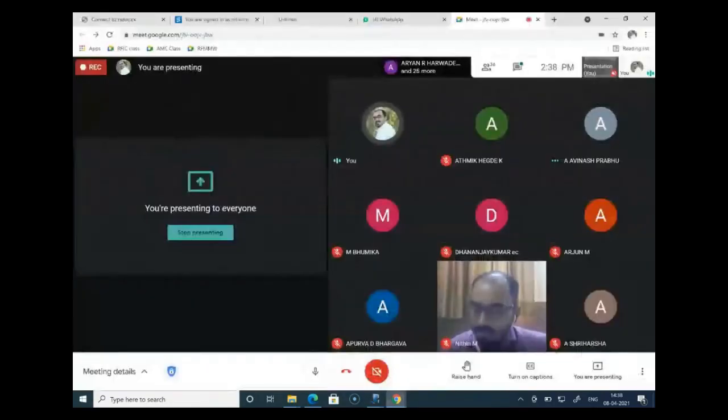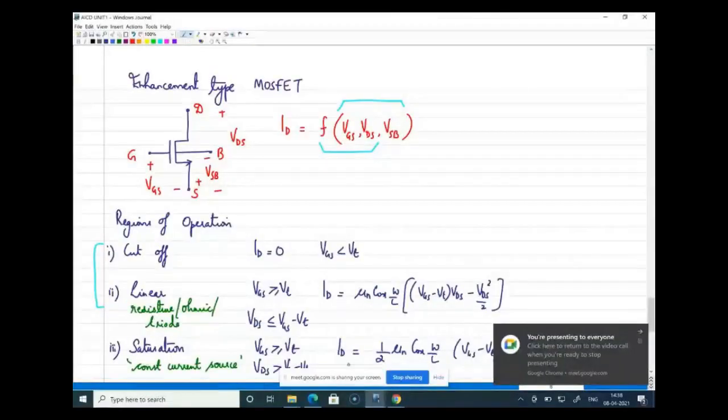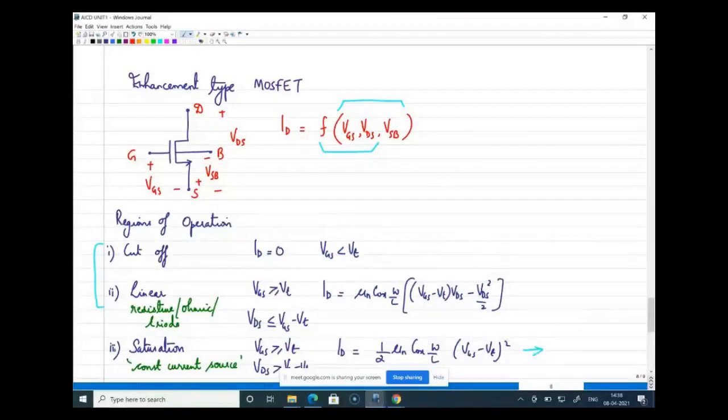What is your understanding on that? It is in saturation. Yes, that is true. It is for saturation region.